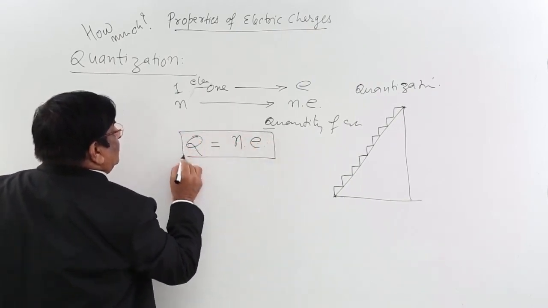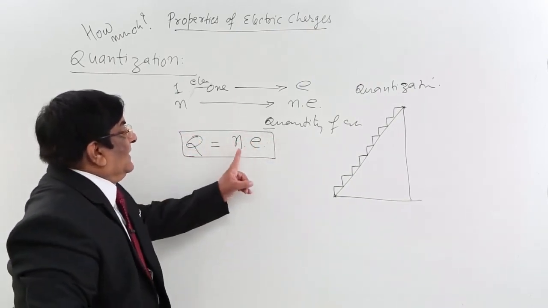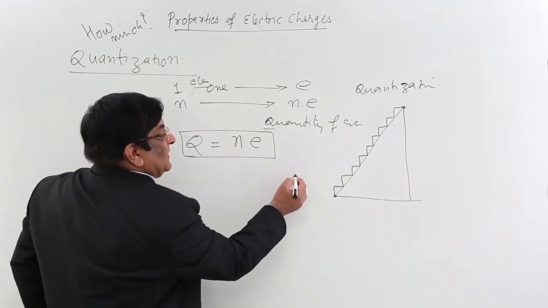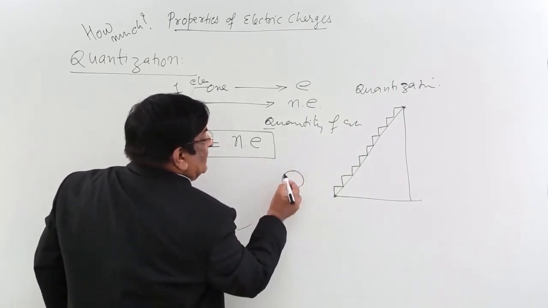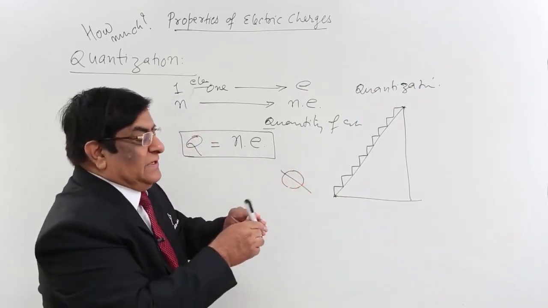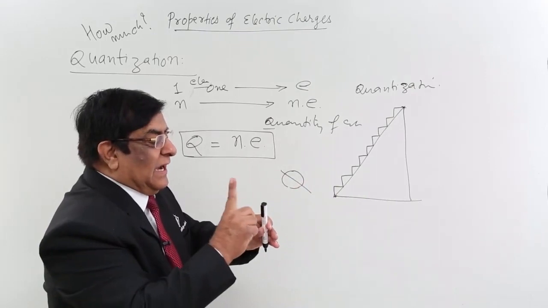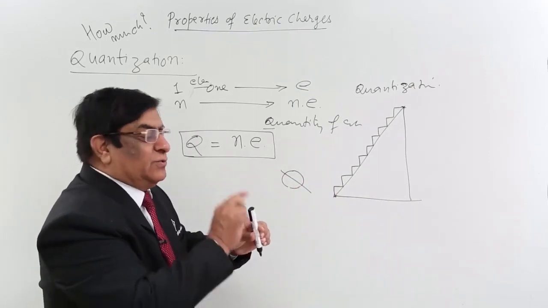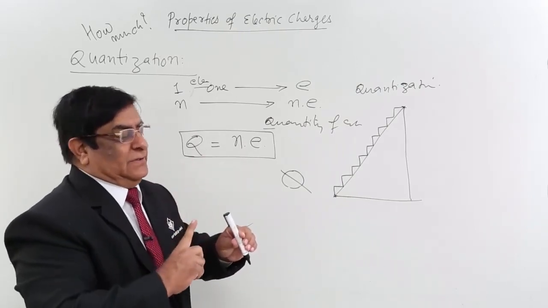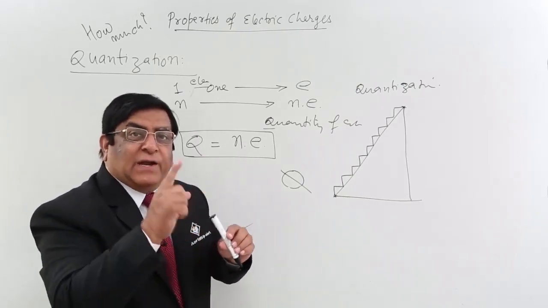Now in this we have to understand one thing. n is a whole number. Why is it a whole number? Because the electron is the smallest entity and it cannot be broken. So if we transfer electrons into it, either one electron will come or two electrons will come. We cannot make 1.5 electrons, we cannot transfer 2.5 electrons.